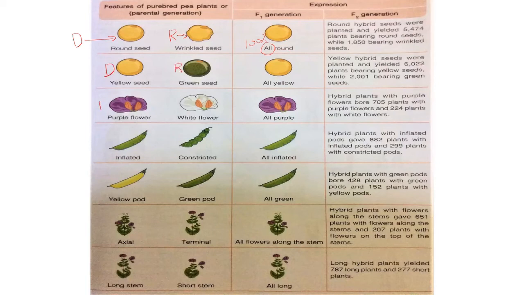Purple here, this one is your dominant, and this one is your recessive. Inflated, so this one is dominant, and this one is recessive. And then green, so this one is dominant, and this one is recessive. All flowers along the stem, so this one is dominant, and this one is recessive. All long, so this one is dominant and this one is recessive.